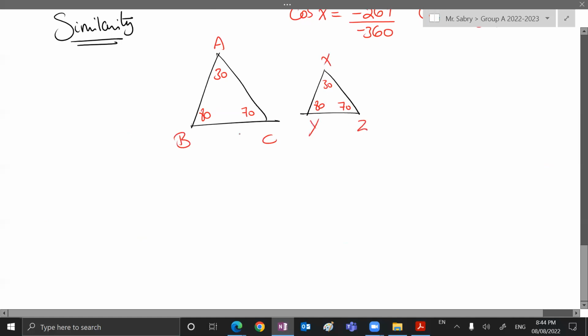If you took any of the small sides, for example this one, over the corresponding side in the bigger one, like AB, it's supposed to be equal to any other side in the small one, let's say XZ, over its corresponding side in the bigger triangle, which is AC, equal to YZ, the small side, over its corresponding side in the other triangle, which is BC.